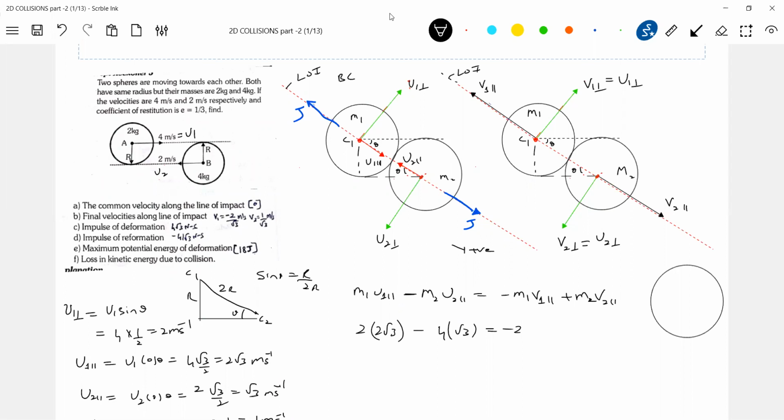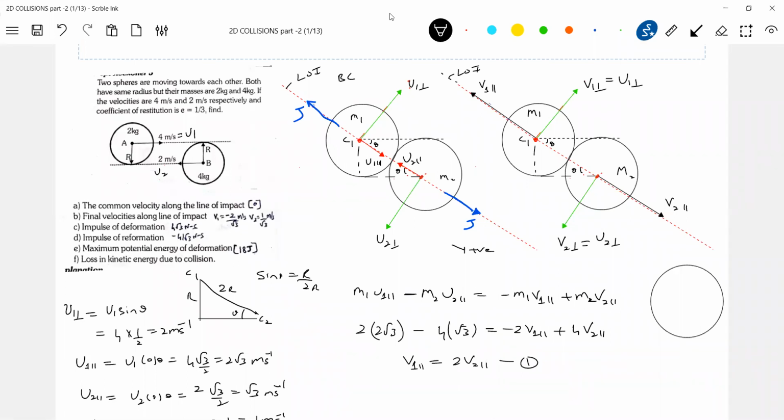This will be 2 kg times v1 parallel, plus m2 4 times v2 parallel. So 4 root 3 and 4 root 3 will cancel out. What we are getting is v1 parallel is equal to how much? 2 v2 parallel. Okay, that's one equation, keep it here.